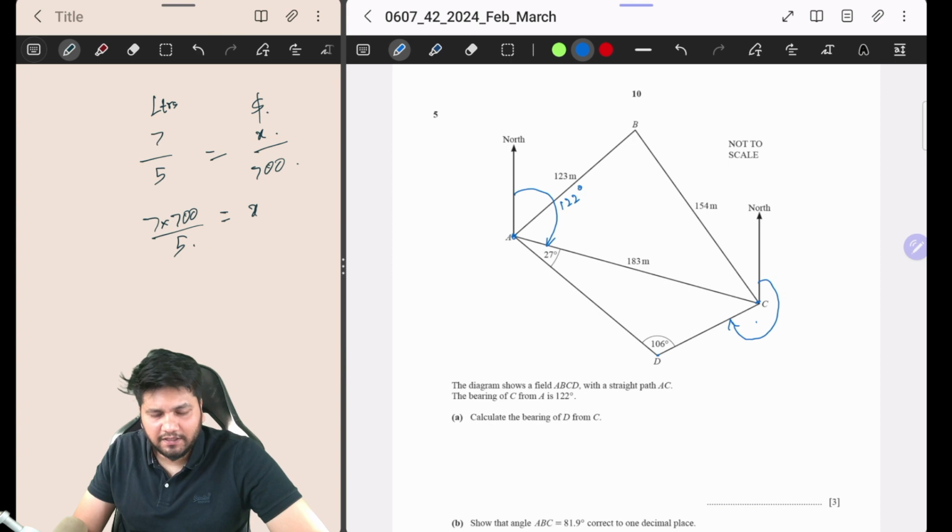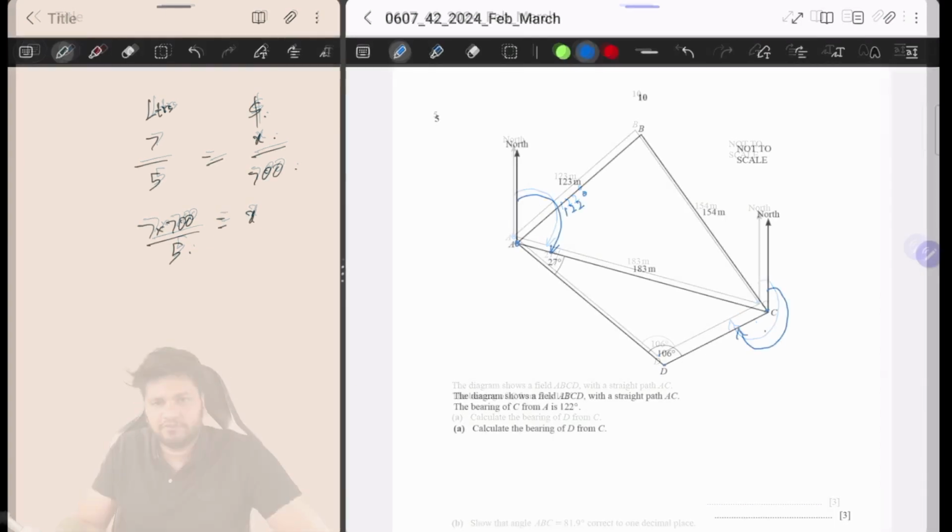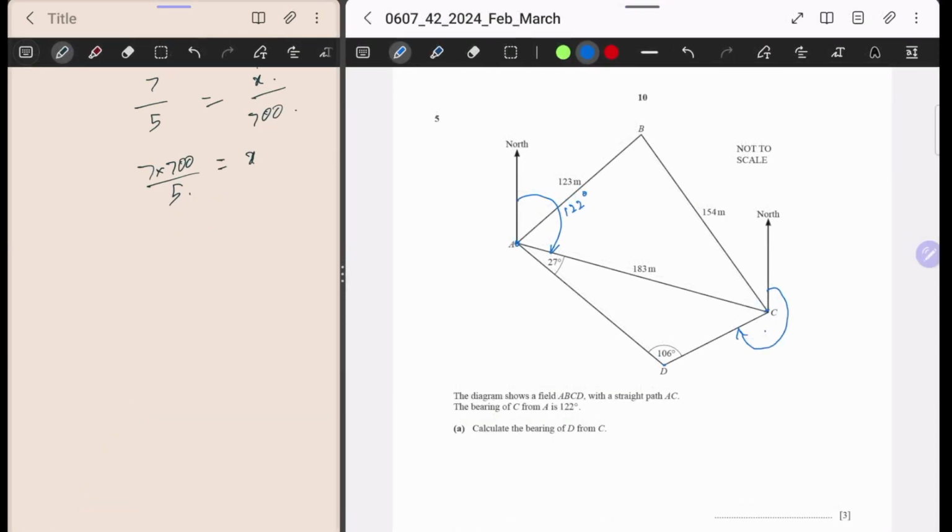If you want to understand what the bearing concept is, let me give you an example. See, the way we play PUBG and Fortnite or whatever it is. If you are standing here and you want to direct somebody to look at this position B, it's a very simple concept: we will always start from north.